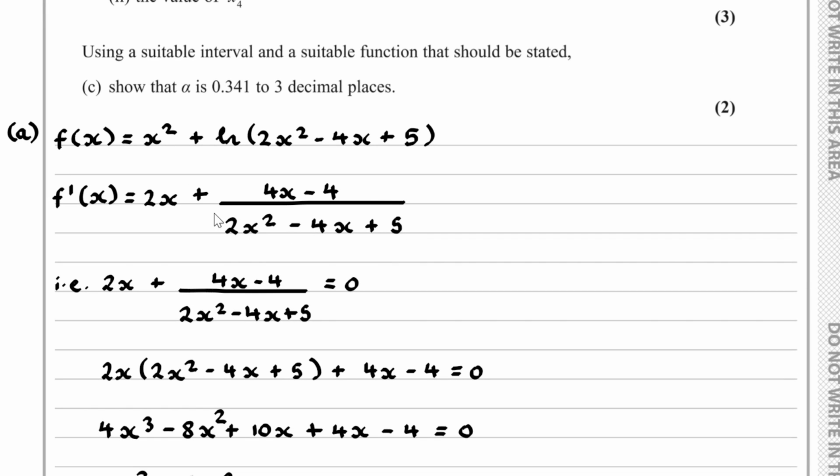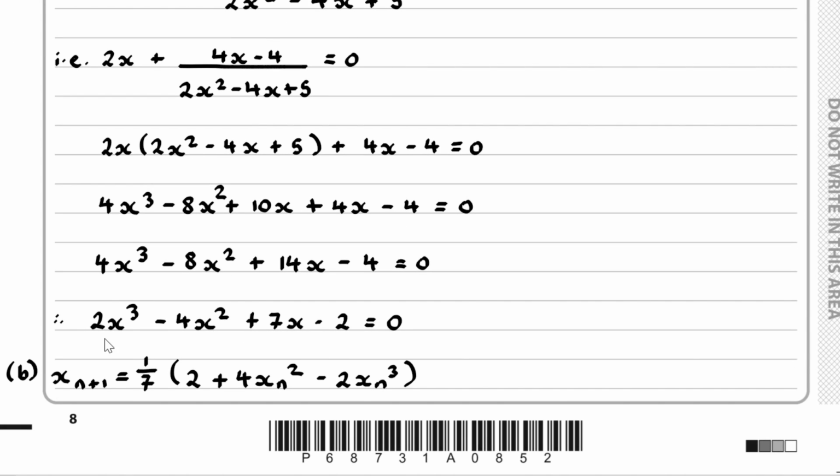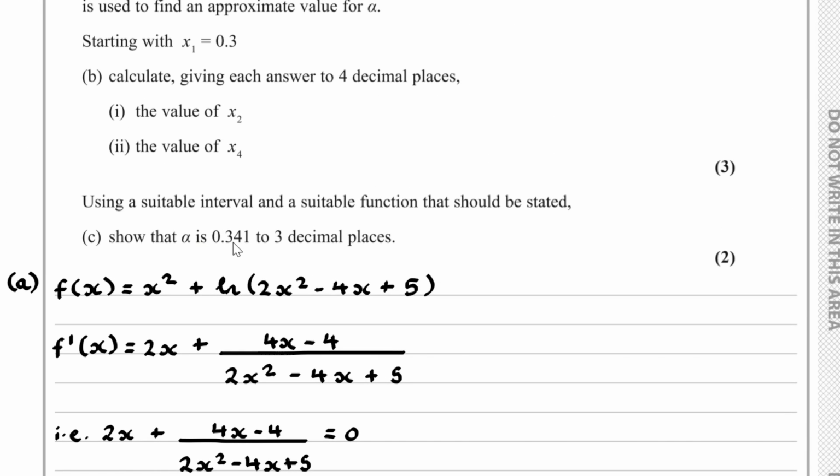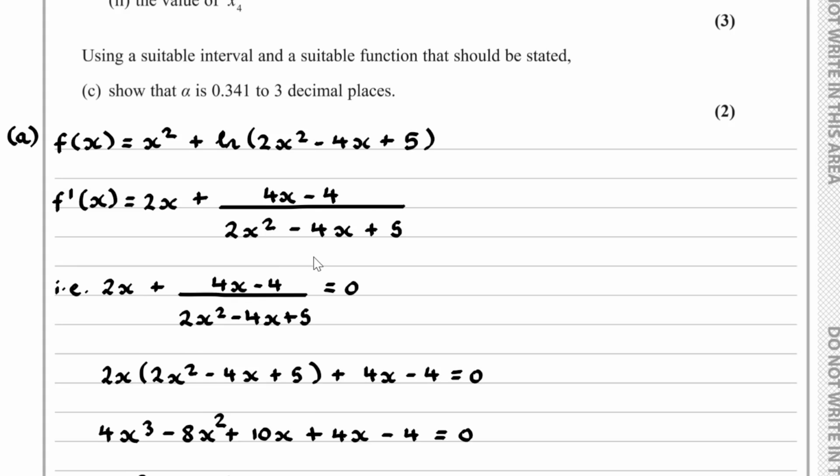Well, we have this cubic function currently, and of course 2x cubed minus 4x squared plus 7x minus 2 is equal to 0. So what we can do is let h of x equal what we have on the left hand side, and then we can use the change in sign method to show that alpha is 0.341 to 3 decimal places.